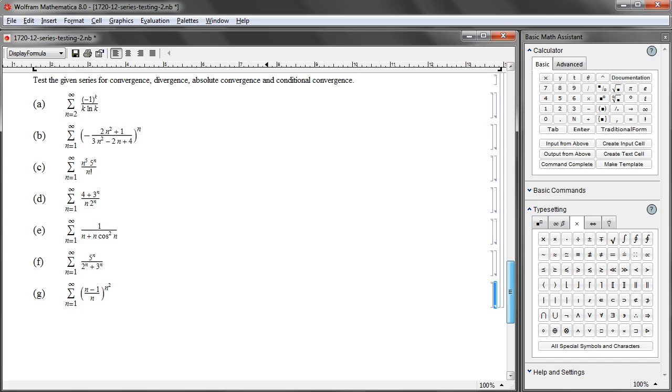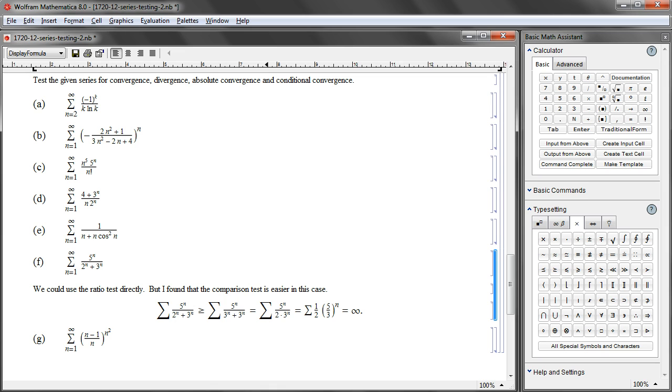And some other problems, let me see, how about this one? Looks like this is going to be a ratio test, but I take it back actually. The ratio test is okay, but looks like you can do it better with the limit comparison test, because the growth order for the denominator is 3 to the nth power.